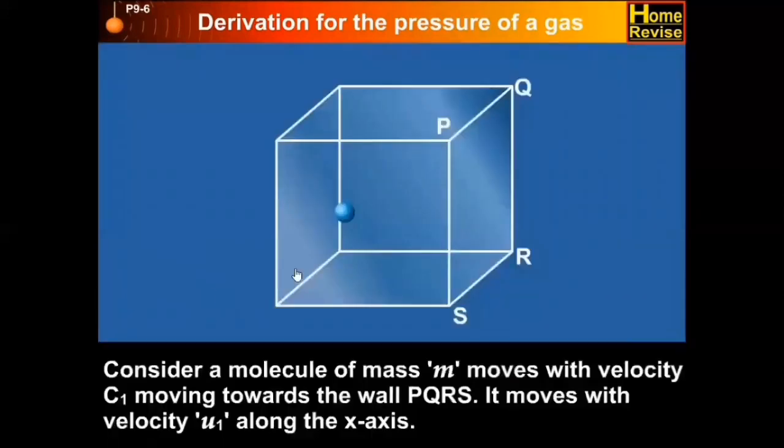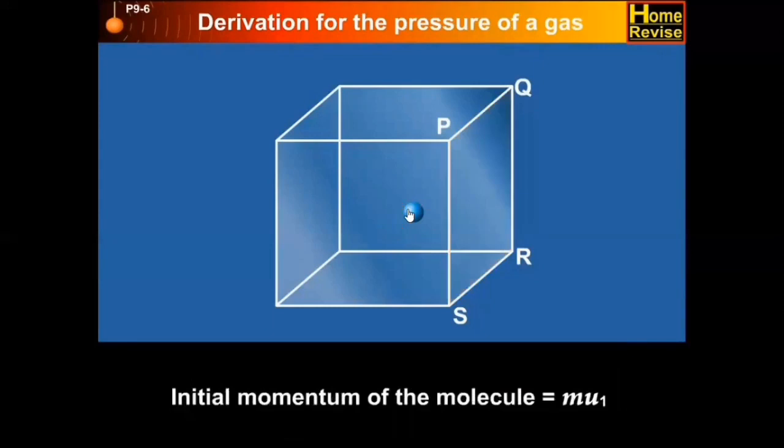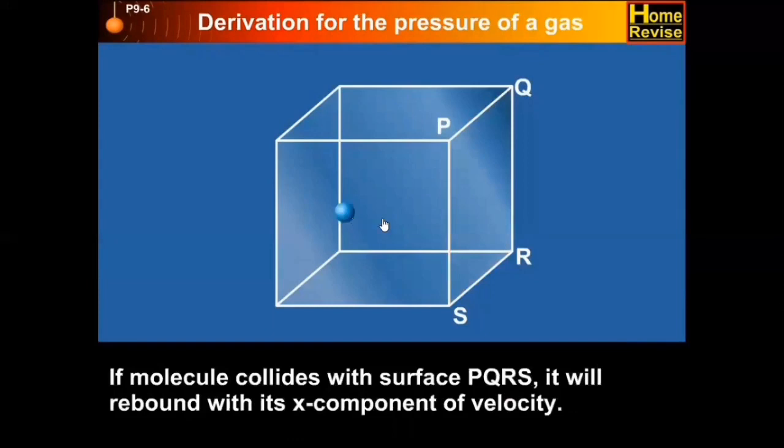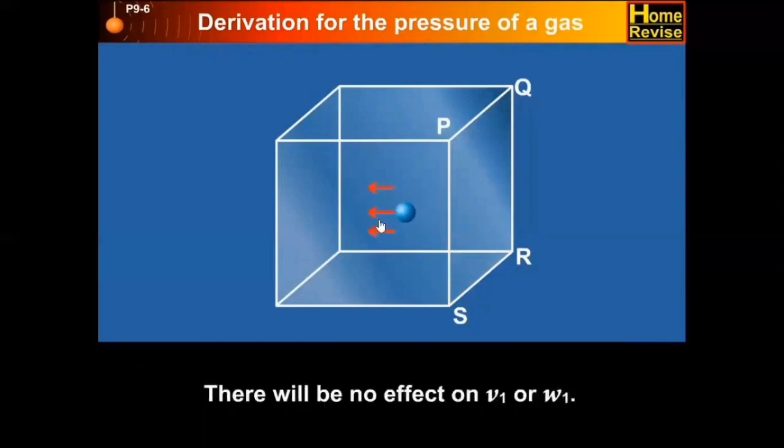So we consider firstly the pressure in one direction, that is the x-axis. We consider the velocity of the molecule is u1, and find the initial momentum m into u1, and that goes from one side to another side and again back to the same side, but it's the opposite side.